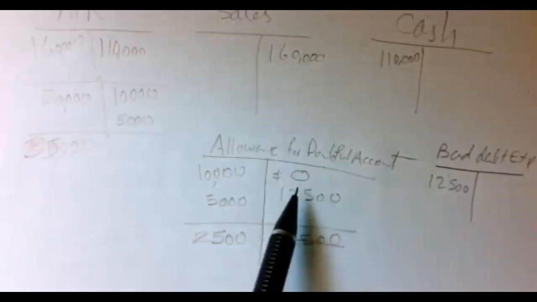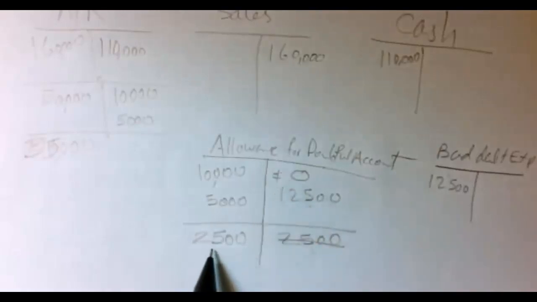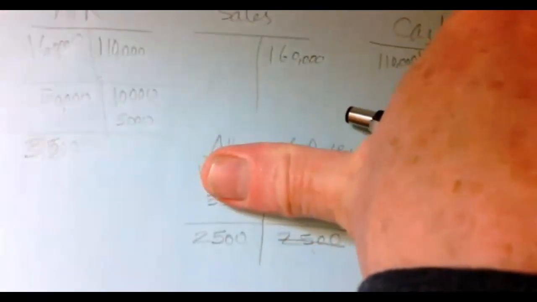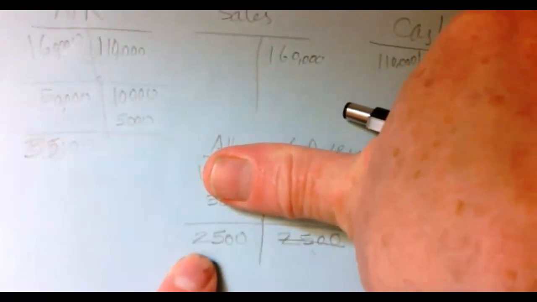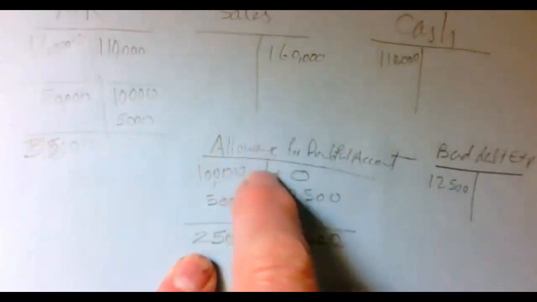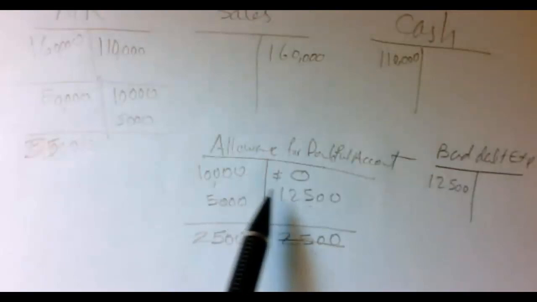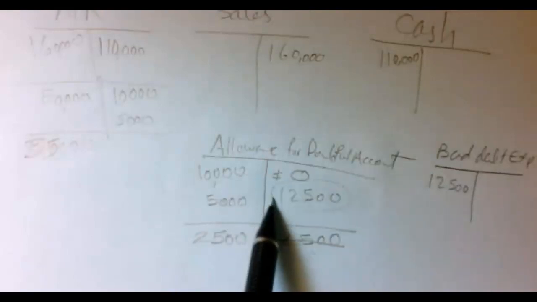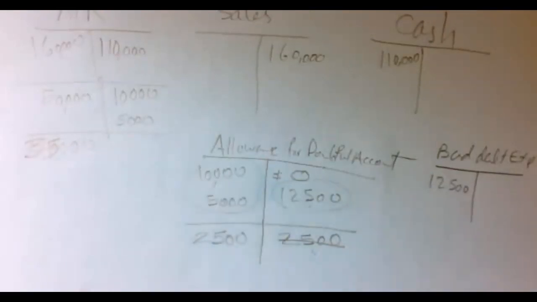So in this case, when I see a company has a debit side allowance for doubtful account, automatically, without even looking at anything else, by just seeing this 2,500 right there, I know we estimated less and we wrote off more. That's why I am on the debit side.